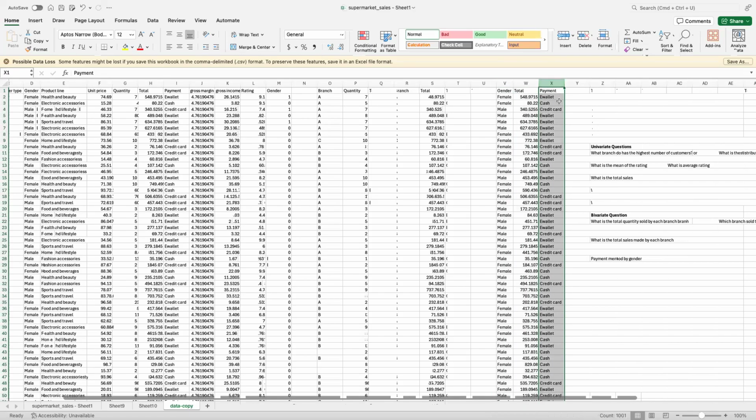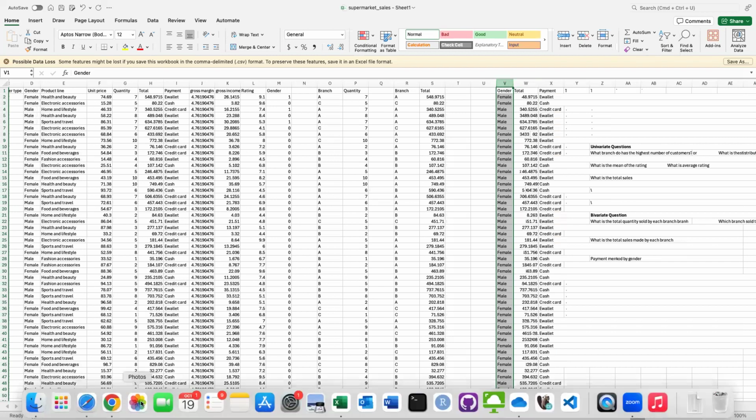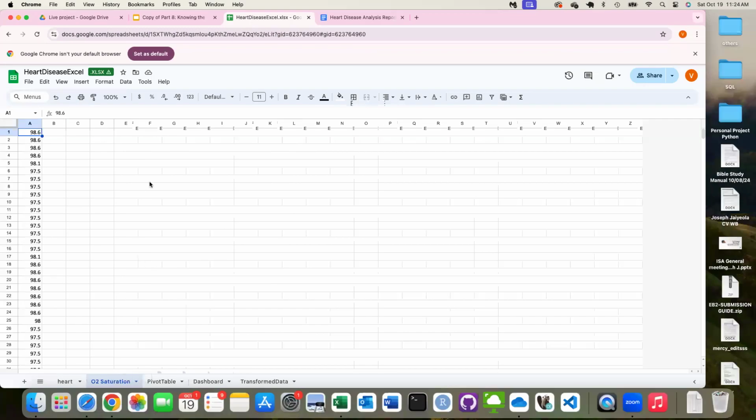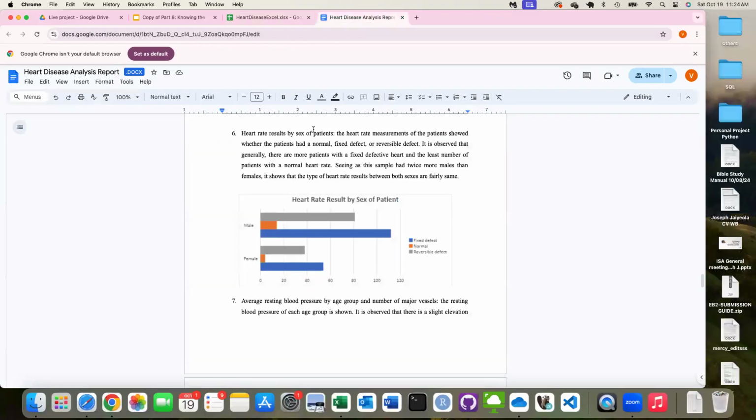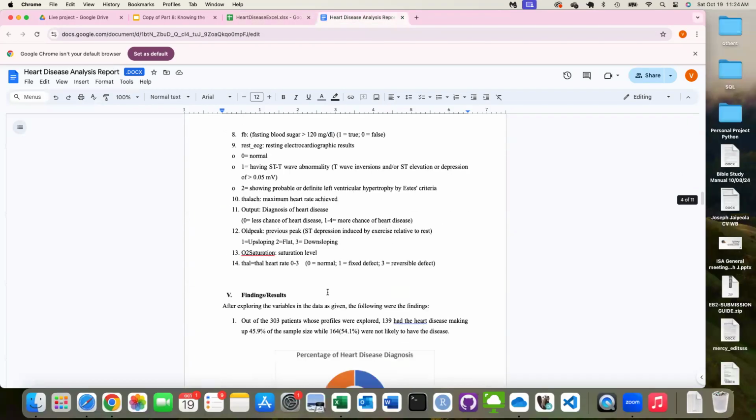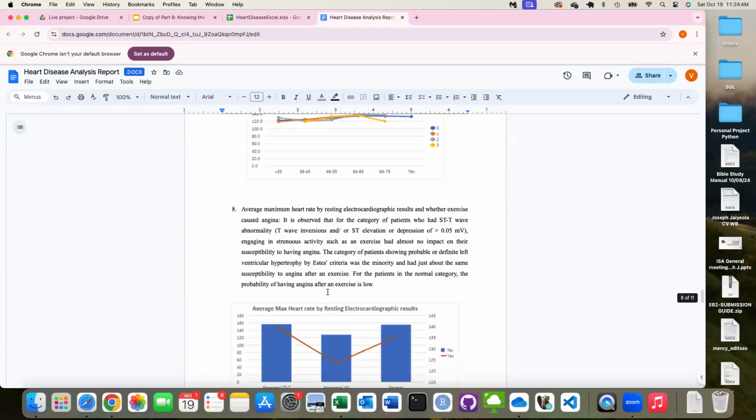So it's really about you having a question that you know, okay, these are the columns or variables that I need, and this is what I want to see. Either I want to show a table or show visuals, or the right and the wrong type of analysis. So these are things you could literally do with this type of analysis. This is somebody writing a report on the analysis.